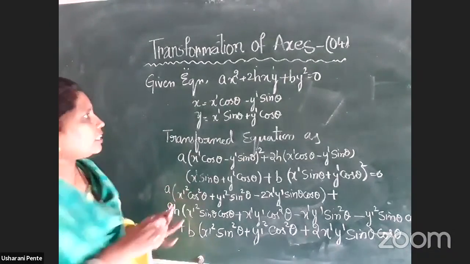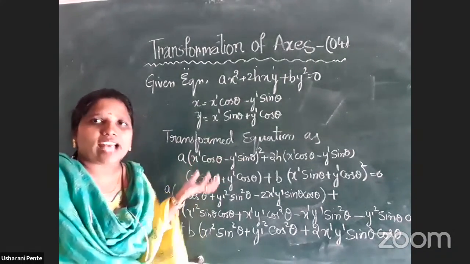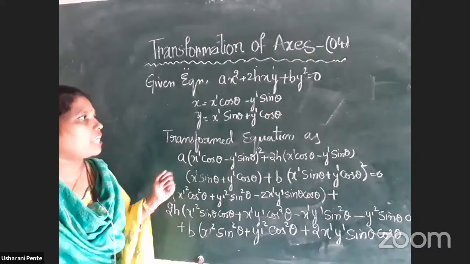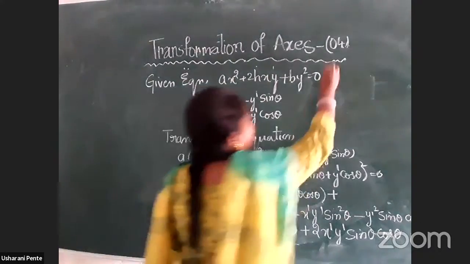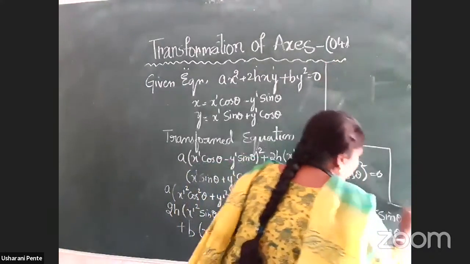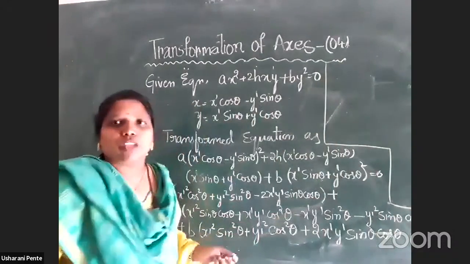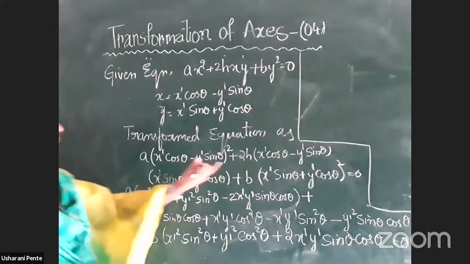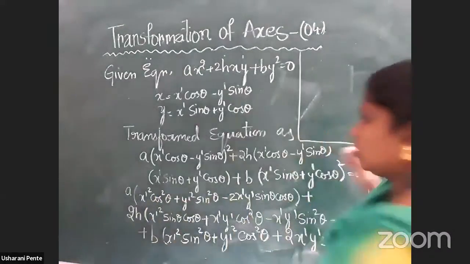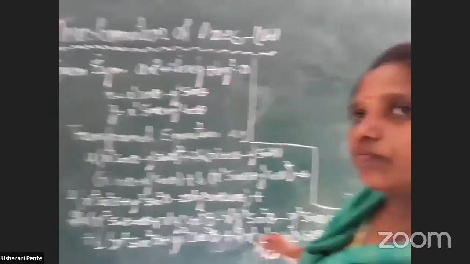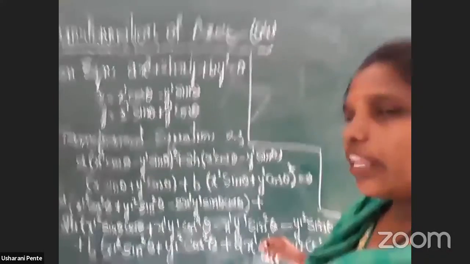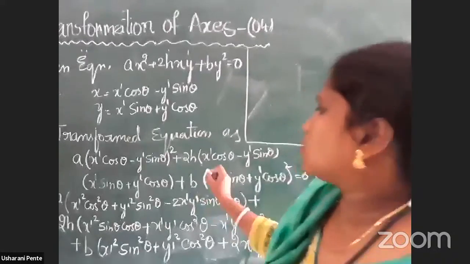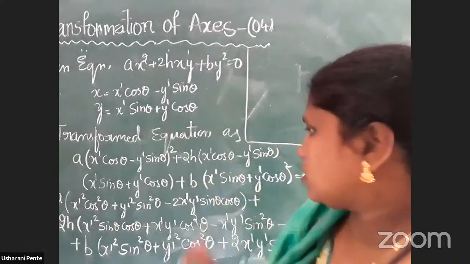Now, in the given problem, they have asked us to remove the xy terms. So, by removing the xy terms, what terms do we have? Here we take the xy terms.